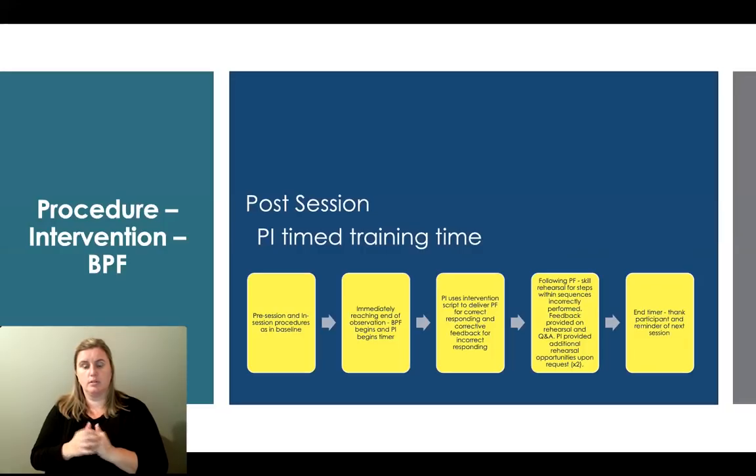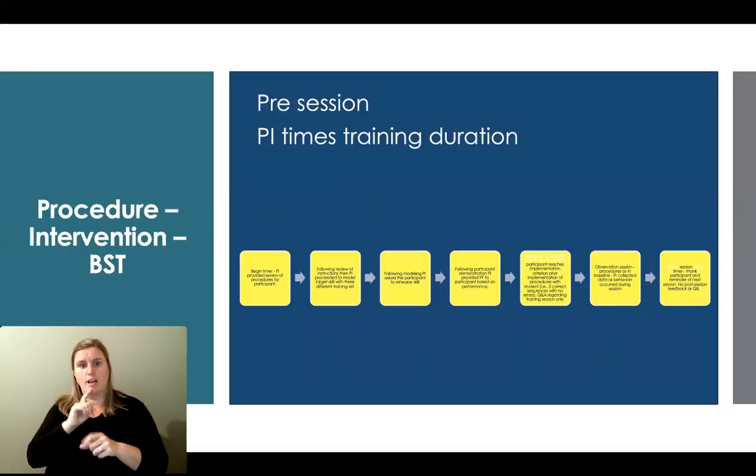Following the feedback delivery, the participant was provided with a couple of opportunities to practice the skill, which was also followed by performance feedback. Following correct implementation of the target skill by the participant, we would end the timer, and the training session would have ended.